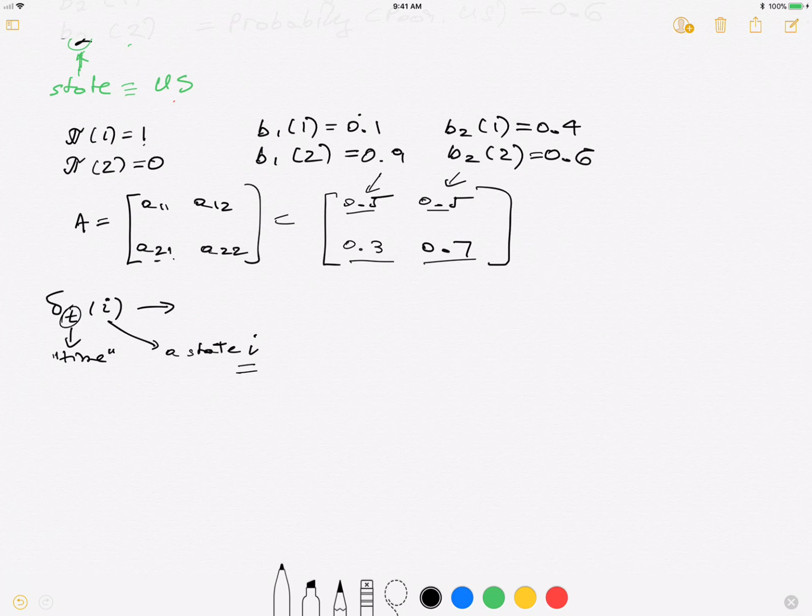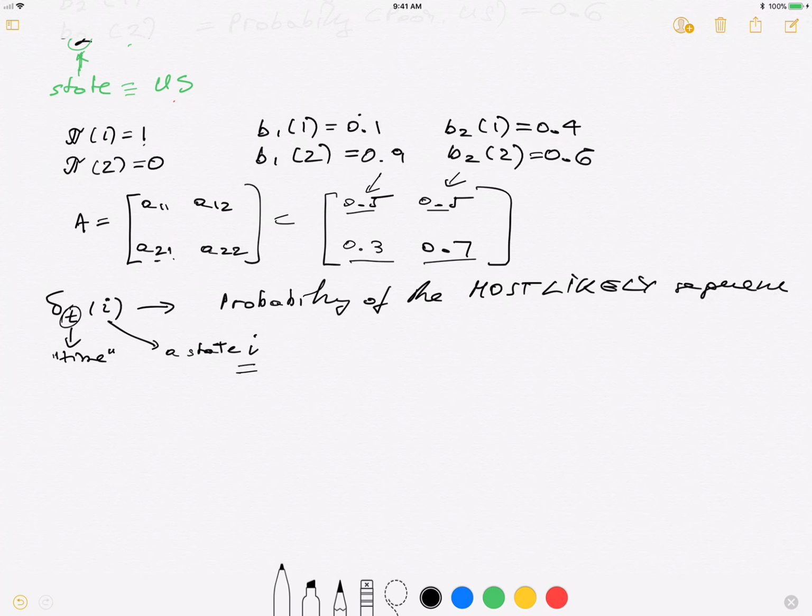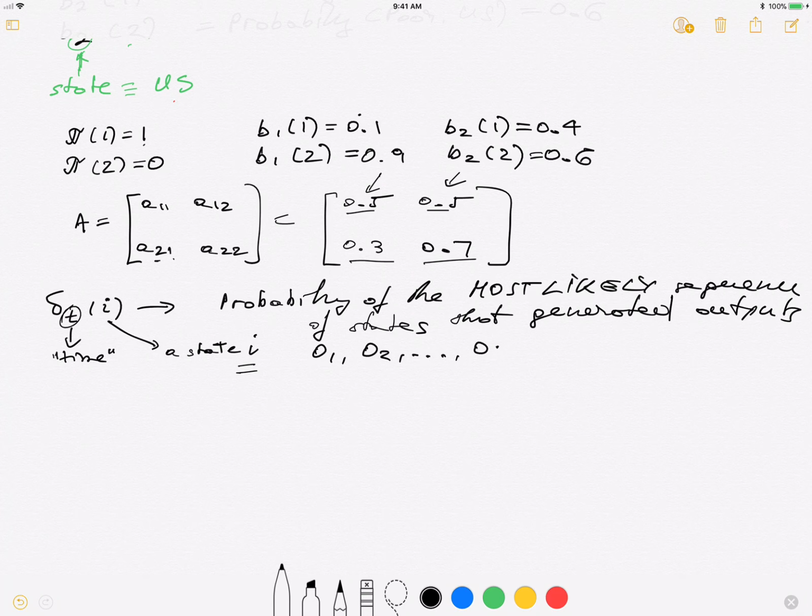So this delta t of I is the probability of the most likely sequence of states that generated outputs O1, O2, OT and led to state QI. Sounds very abstract, so let's try to give an example.